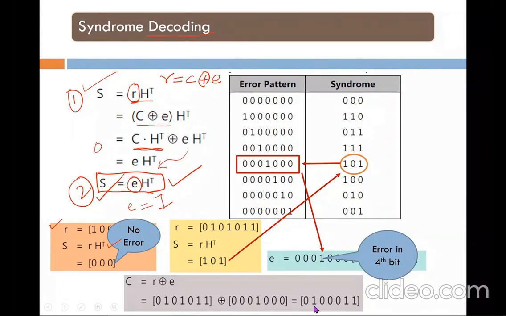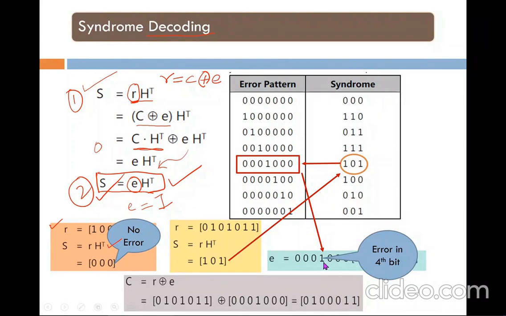We find that the bits except the fourth bit are all the same as in the received code word: first three bits 010, 010, and the fourth bit which was 1 has been flipped into its opposite, that is 0, and the remaining three bits 011 are unaltered.